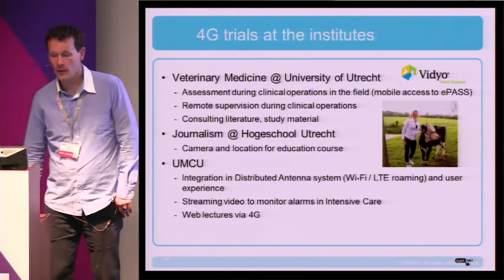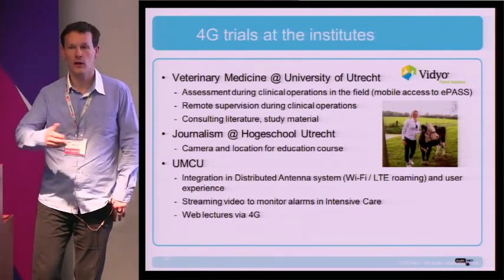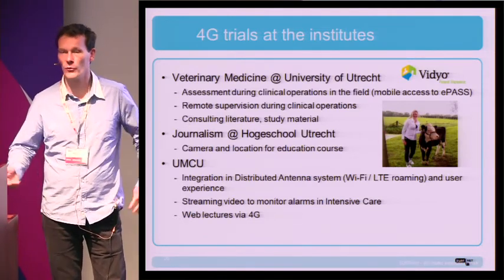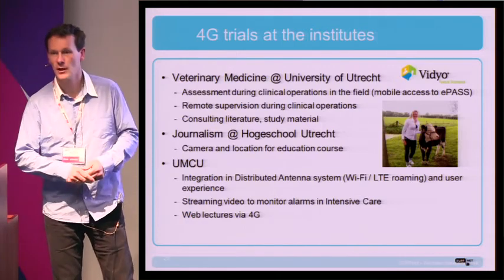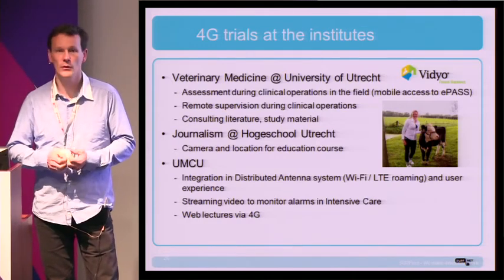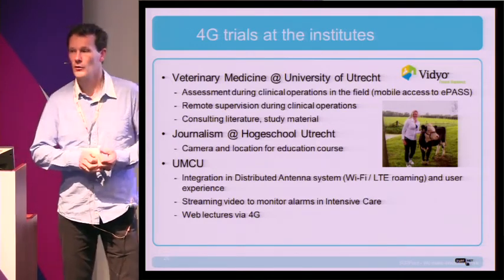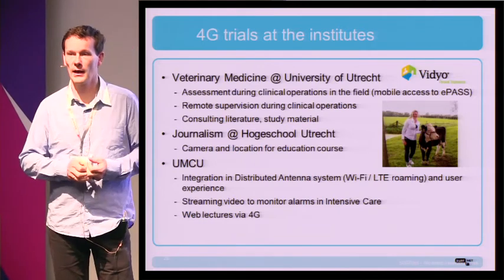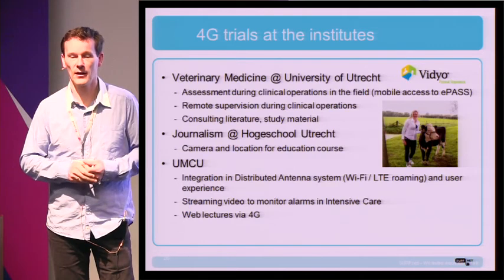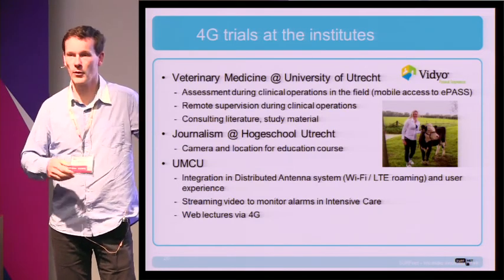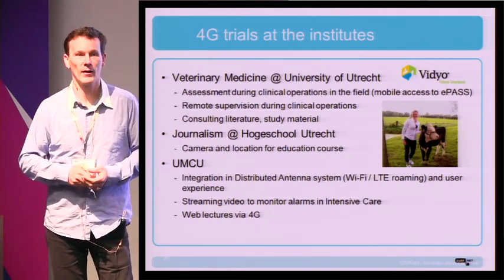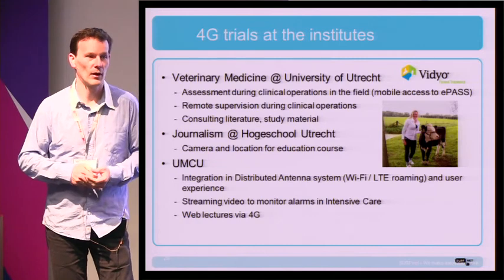Also, the hogeschool has an idea about journalism. So think about outside, and something happens on the campus, and need to report from different locations. All that kinds of ideas have come up. And the medical hospital in Utrecht had that idea because they could not see statuses remote, and just by putting a camera on the status part and bring the device throughout the emergency room, for example, or the intensive care, they can still monitor their patients.